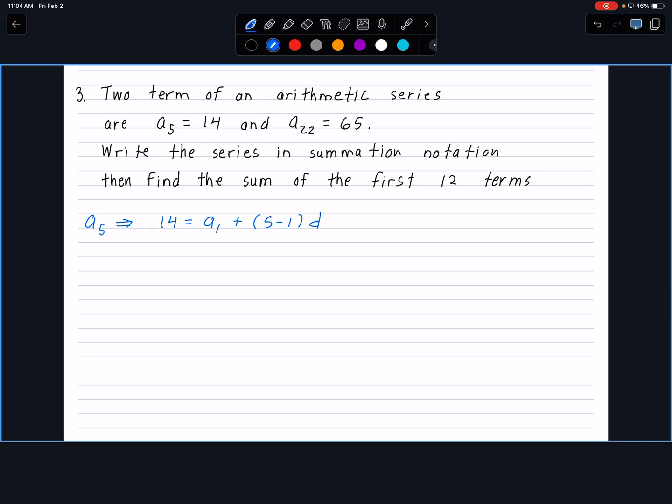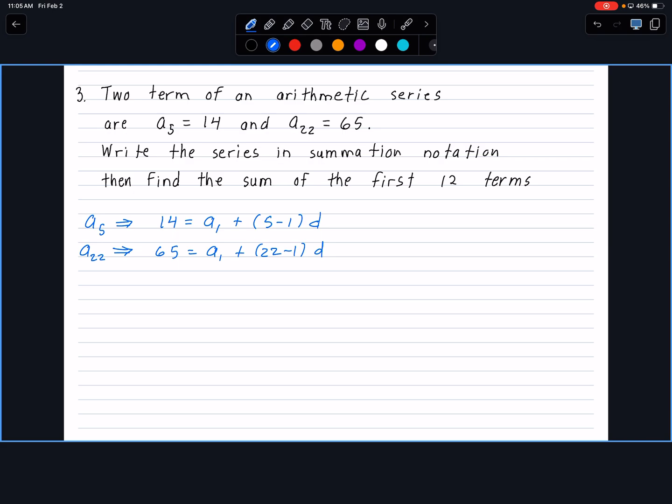And then the 22nd term is 65. Again, that is created by taking the first term plus the 22nd term minus 1 times d.